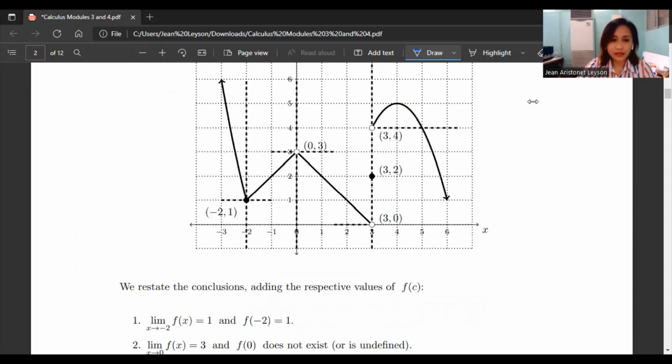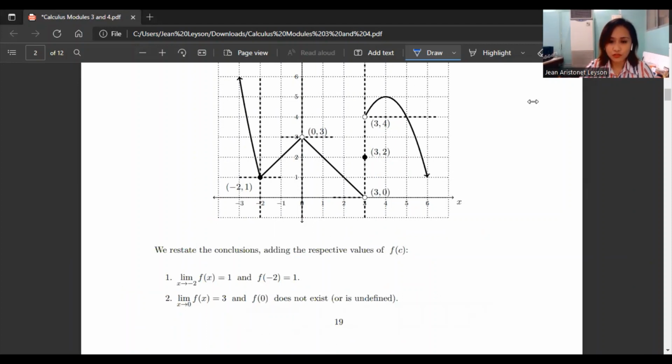So we restate the conclusions, adding the respective values of f of C. For number 1, the limit of the function as x approaches -2: as we can see here in our graph, as x approaches -2 from the left and from the right, the limit is approaching 1.